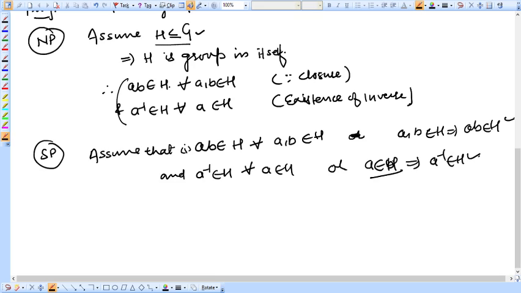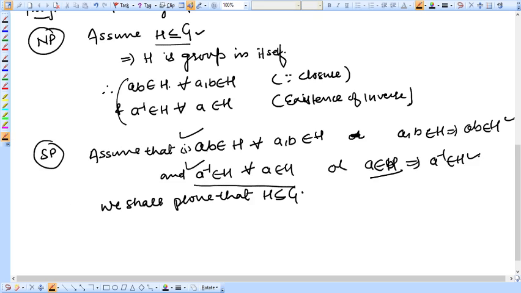Okay, so we shall prove that H is a subgroup of G. Now, how are we going to prove this? Firstly, see, this is closed, and the inverse also exists.